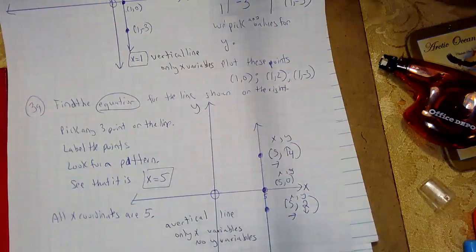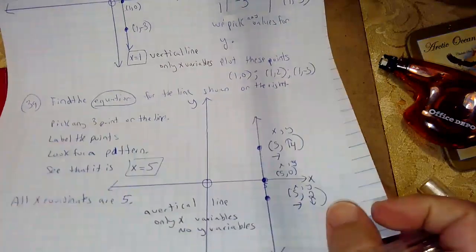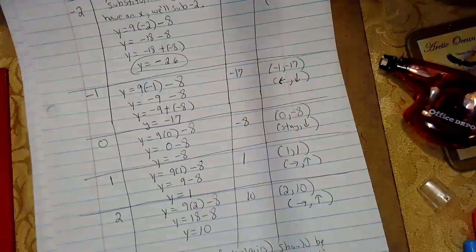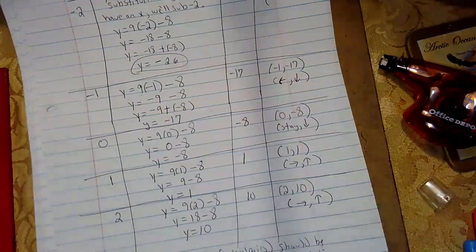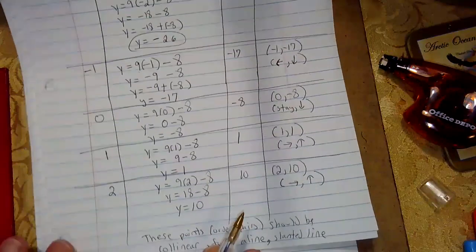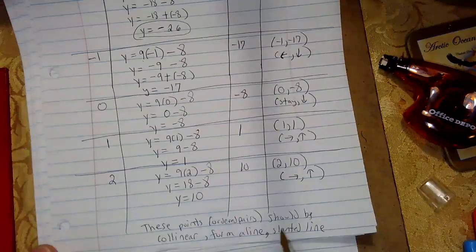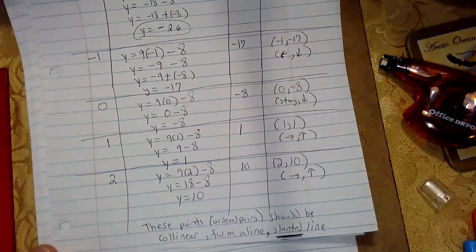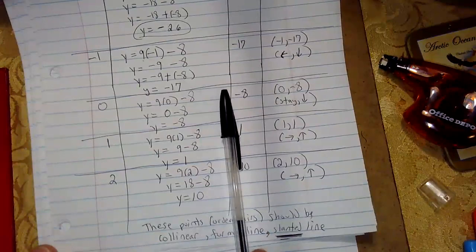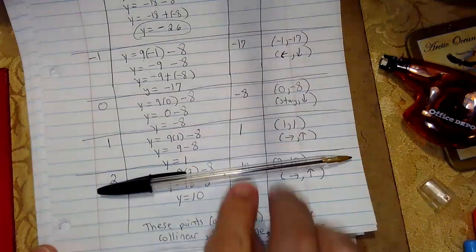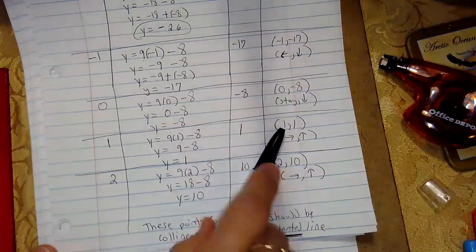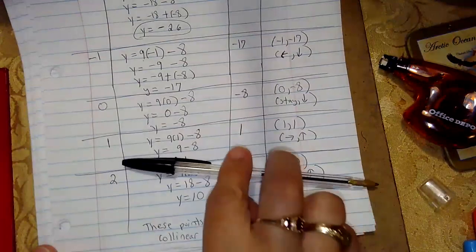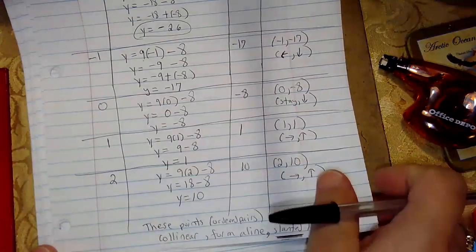But for what we're doing right now on number 40, if we were to graph this, the line would not be vertical, and it would not be horizontal. This line would be some kind of a slanted line. And how do we know that?